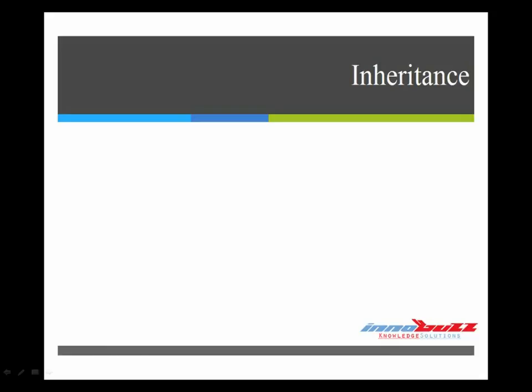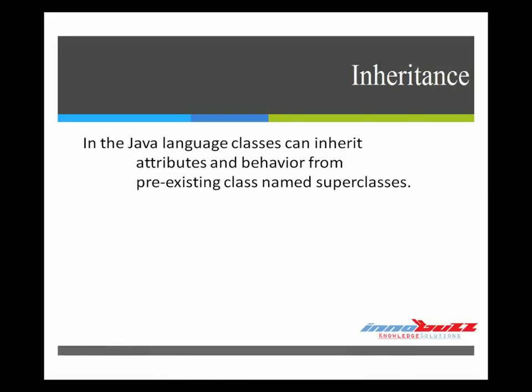Implementation inheritance is the mechanism whereby a subclass reuses code in a base class. The attributes are the fields of the class and the behavior is described by methods.